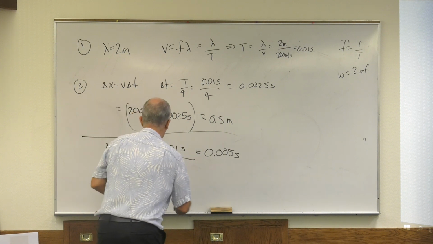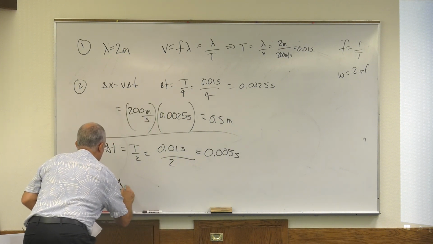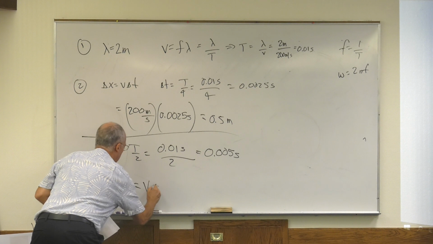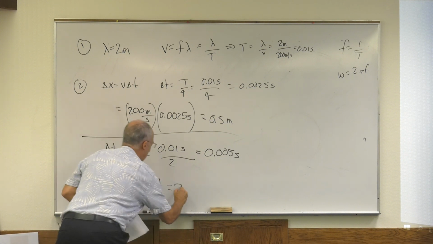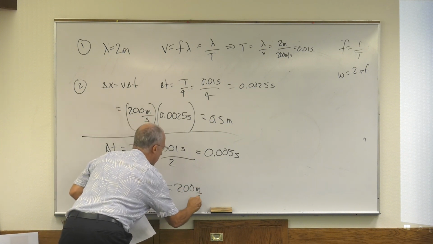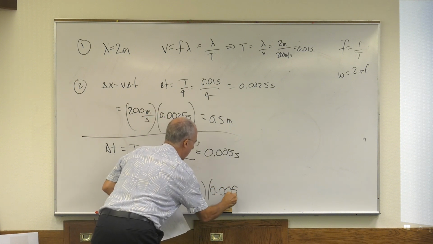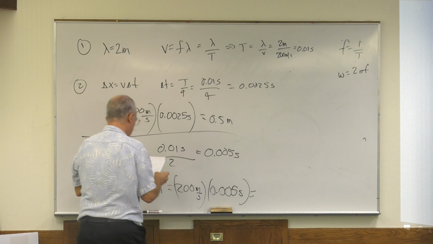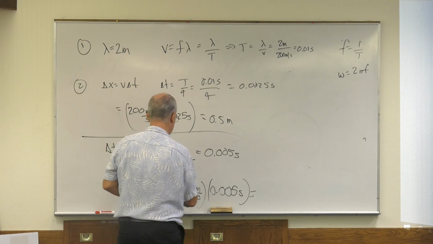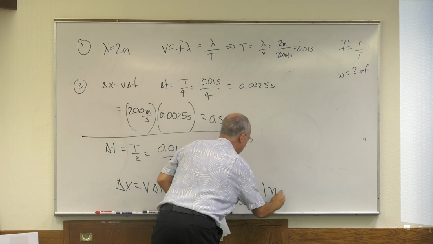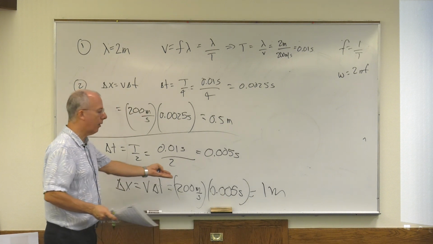And then delta x is v delta t, 200 meters per second, 0.005 seconds, and you get 1 meter to the right. So, I mean, you get the same thing as we had the last time.